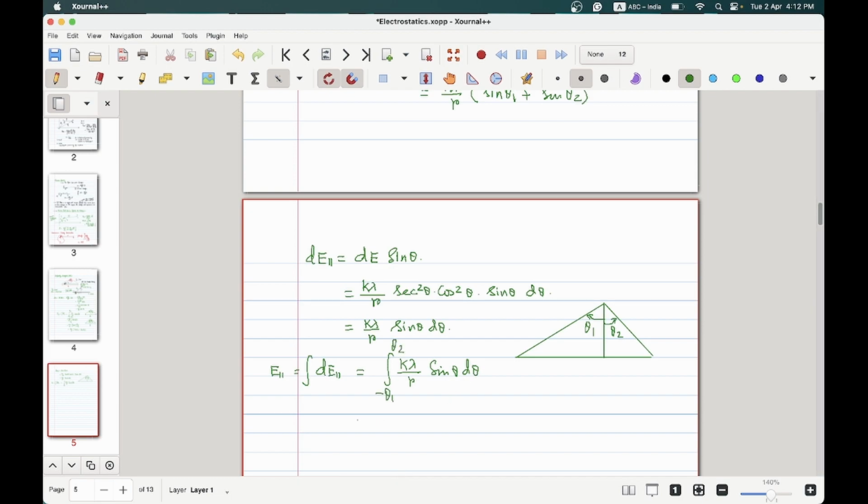So this is k lambda by r, and what is the integration of sin theta? That is minus cos theta. So we can write k lambda by r into cos theta 1 minus cos theta 2, because cos of minus theta 1 is cos theta 1. Clear up to this?